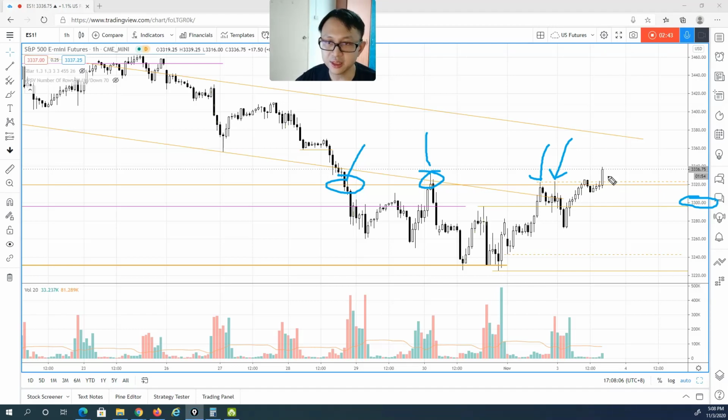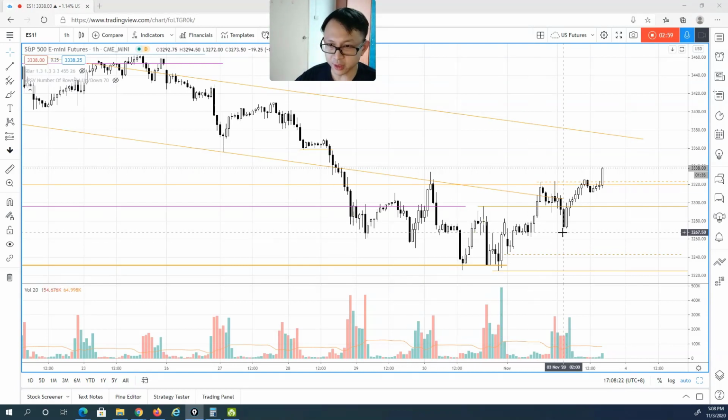Currently it is breaking out at the moment, so that's one of the encouraging signs. And definitely there is one trade happening in this rejection bar, which I'm going to show you in a 3 minute chart. But before I do that, let me quickly show you the rest of the session.